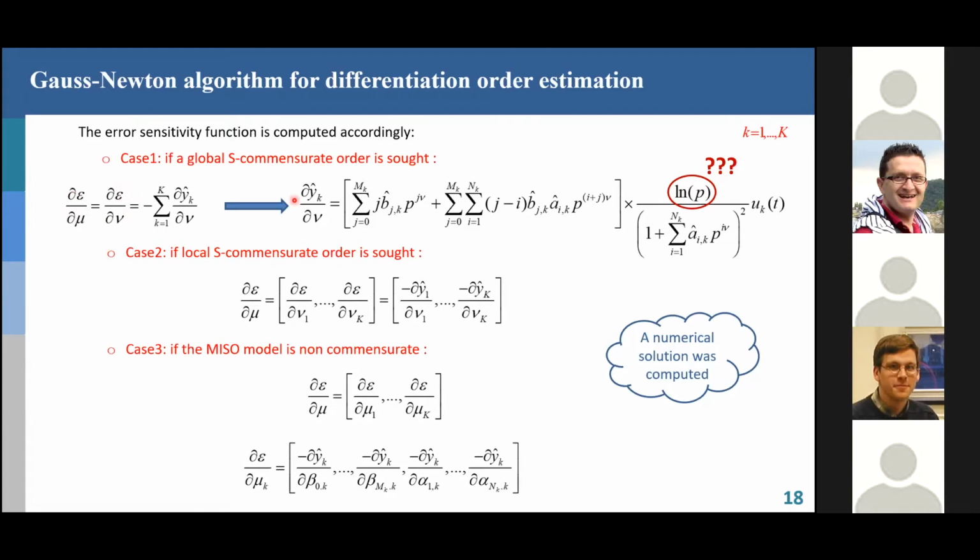So here is the equation to calculate this sensitivity function. The problem here is to implement the ln of P in MATLAB, which is impossible in our case. So we had to search for a numerical solution, which we use to calculate the Hessian.